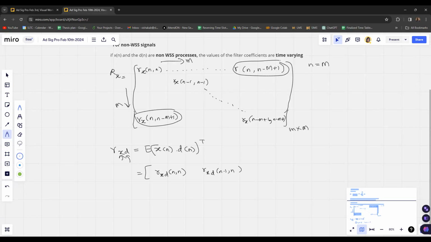Here, we are considering that the values of the input signal are varying with time, while the desired signal remains fixed, right? So we are going to compare this input signal with a constant or fixed desired signal, and we assume that this is not changing. Because of that, the time index that we are comparing with is going to remain as n.